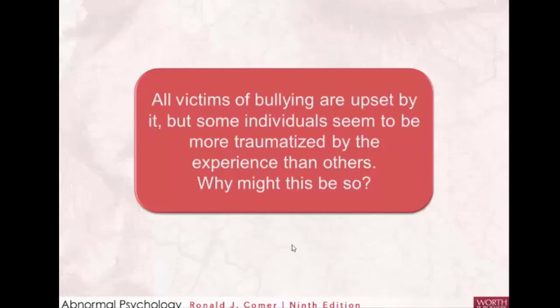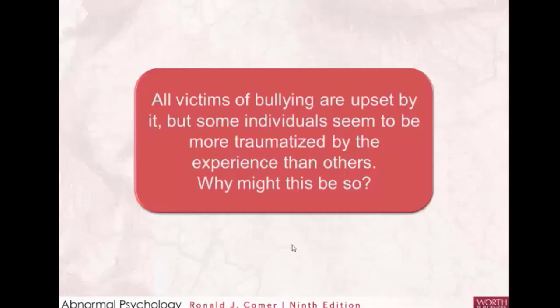However, the experience seems to be more traumatic for some victims of bullying than others. And so you ask yourself the question, why does bullying impact different people differently? I think it depends a lot on the personality of the individual. It depends on the type of bullying, the severity, the frequency. But I also think it depends in a large part on the protective factors that a person has.